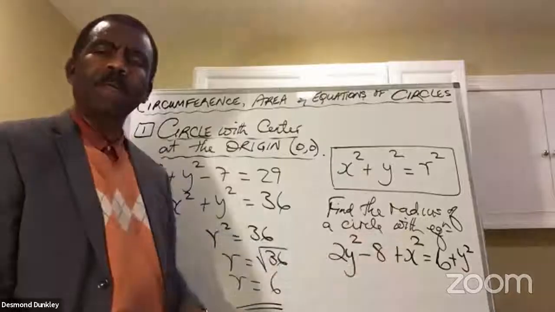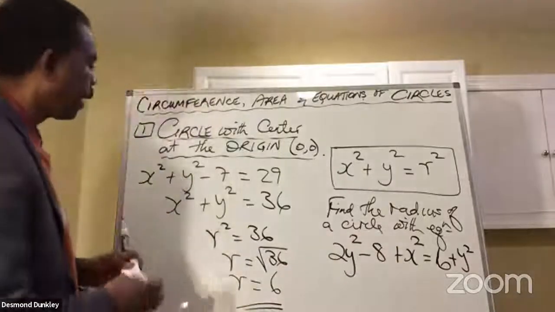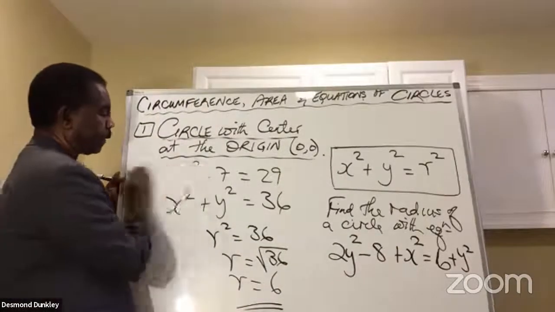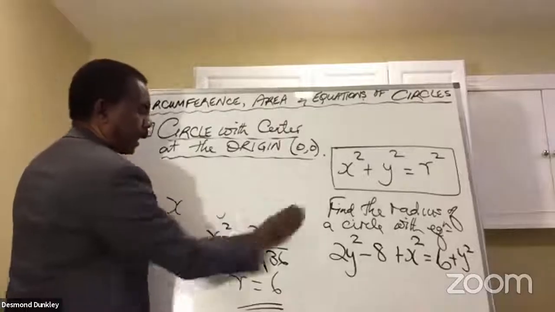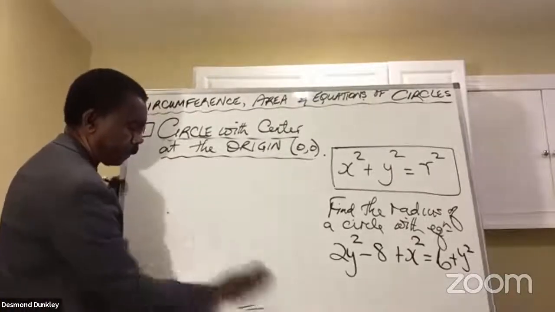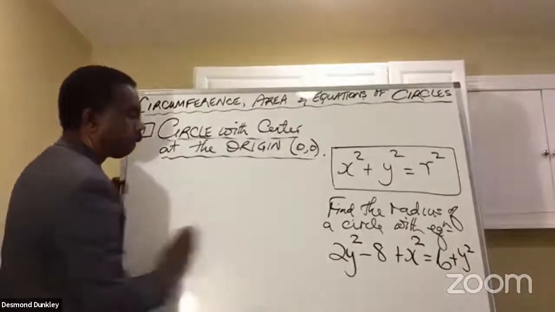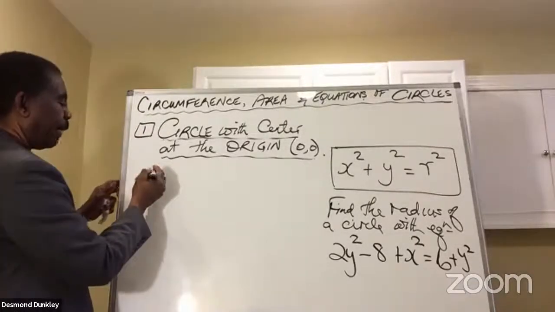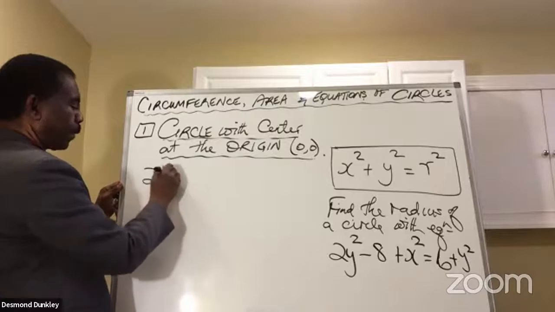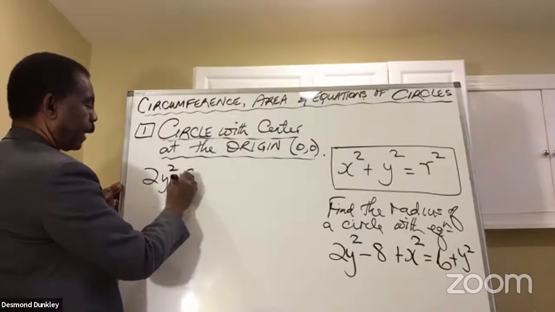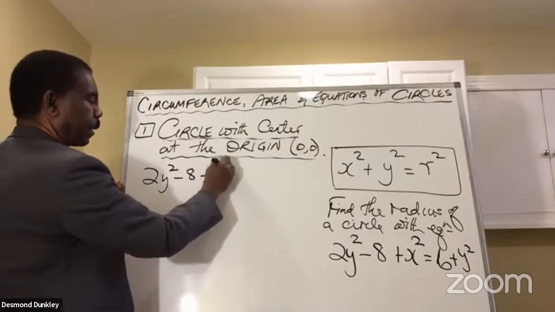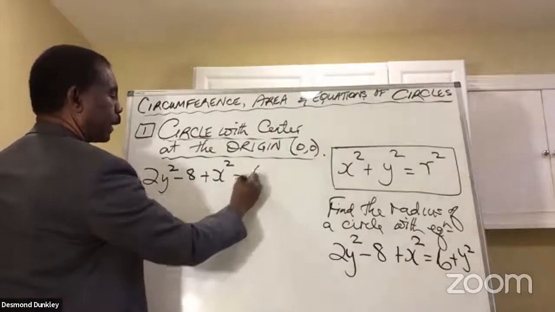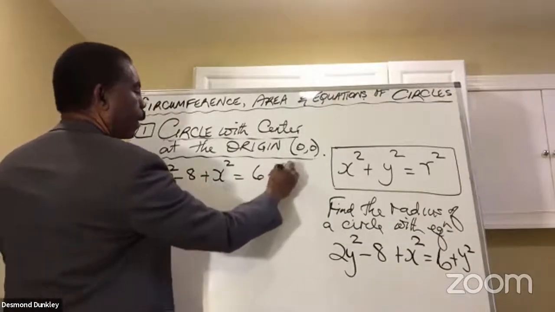What is the radius of that circle? Okay, let me write here so we have space to work with, and let's see what happens. Well, we have 2y squared minus 8 plus x squared equal to 6 plus y squared.